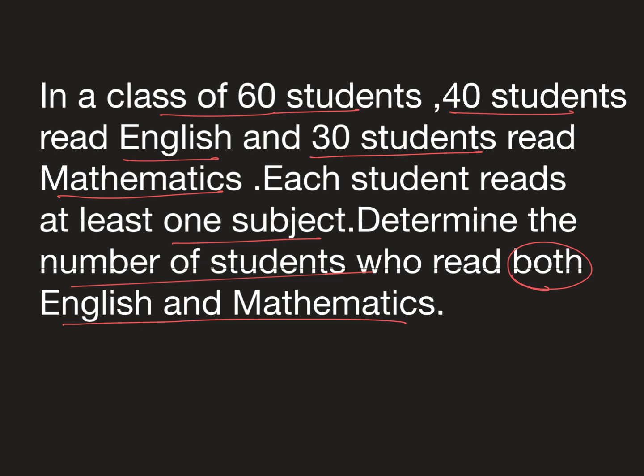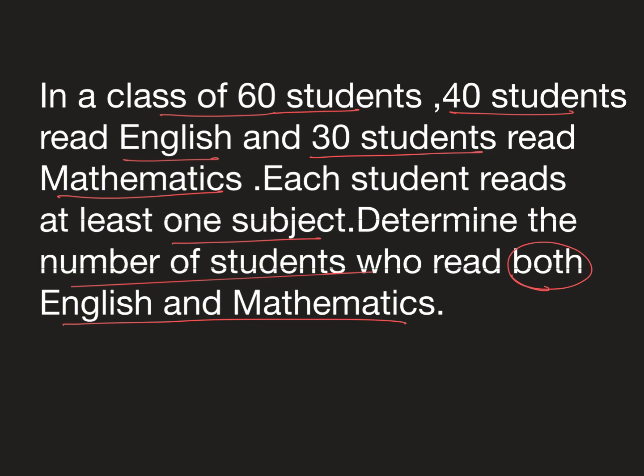That is, there is no student in the class who is not reading English or mathematics. The student either reads English, or reads mathematics, or reads both of them. So the question is asking us to determine the number of students who read both subjects.